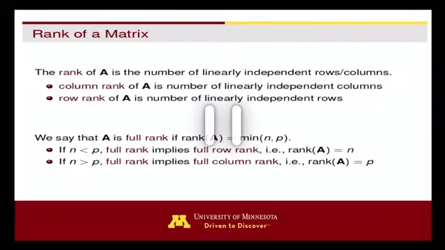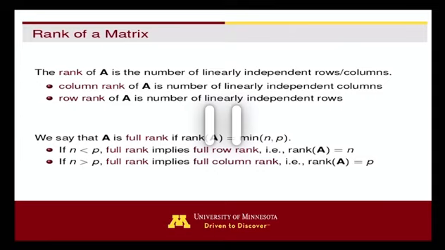But what do we mean by a matrix having a full rank? If I have a 2 by 2 matrix, it's going to have a full rank if the rank is 2. If I have a 3 by 3 matrix, it has full rank if the rank is 3. A 4 by 4 matrix has full rank if the rank is 4.